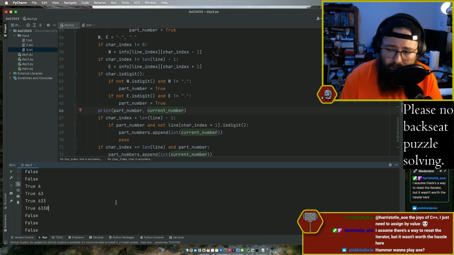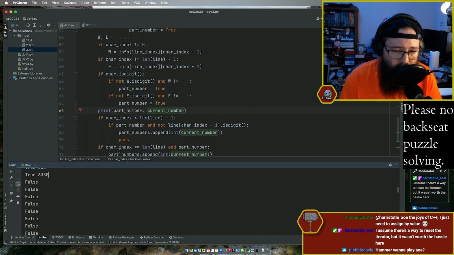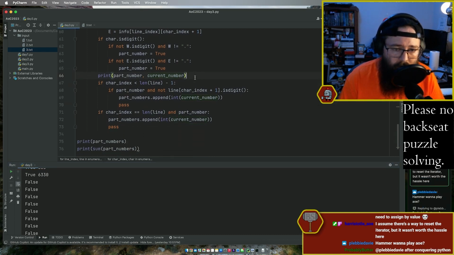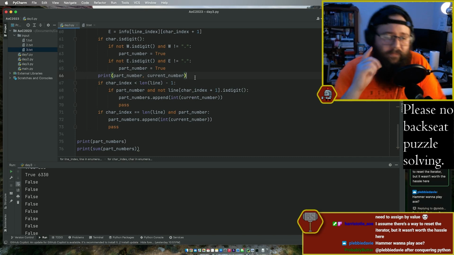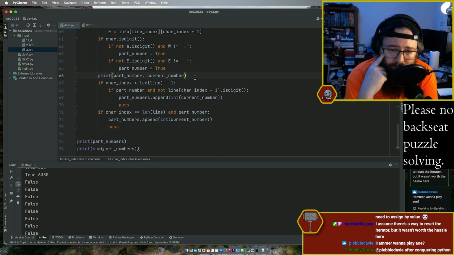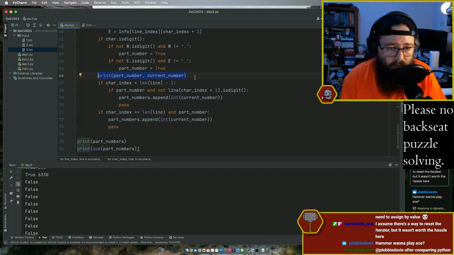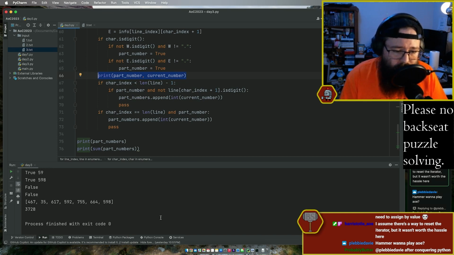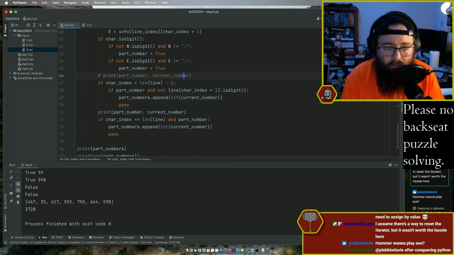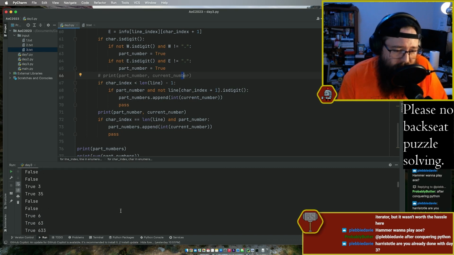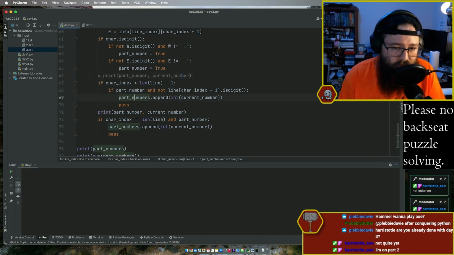Why is it not added to the part? If the character index is equal to the, and it's part, it's true. It literally says it's true.